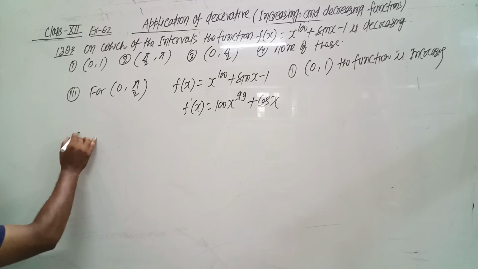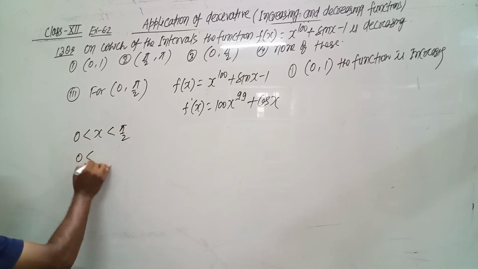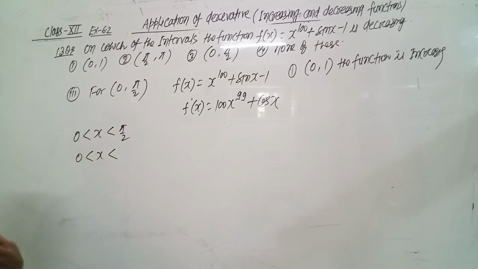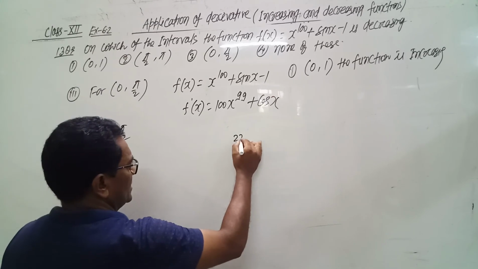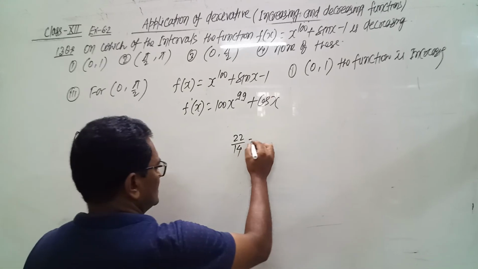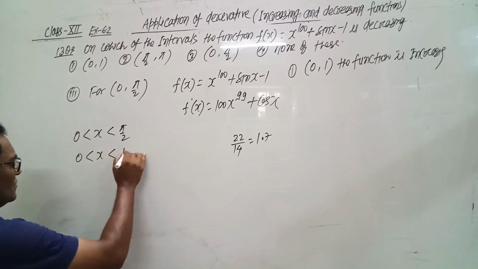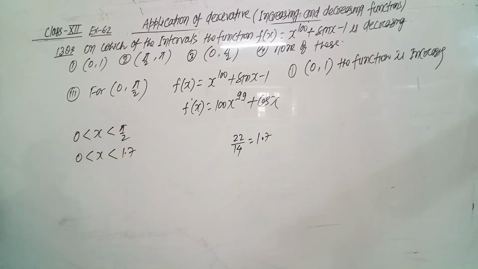So it means 0 is less than x is less than pi by 2, and the value of pi is 22 by 7. So 22 by 14 means around 1.7. So we can say that the value of x lies between 0 to 1.7.